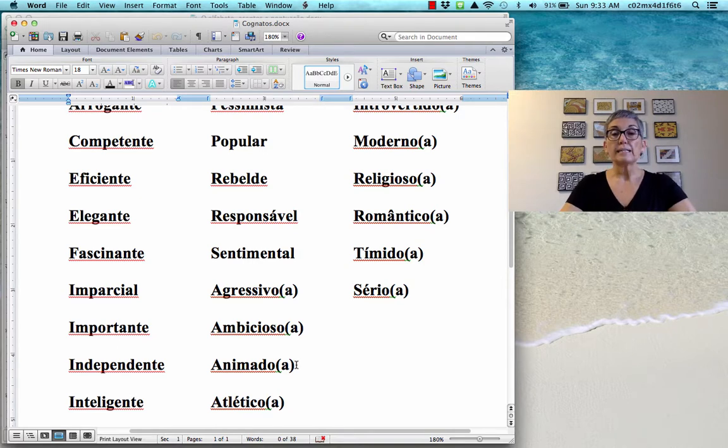So, but when you are a cheerful person, an upbeat person, this is the word that we use, okay? Então, ele é animado, ela é animada, eu sou animada. Remember that the adjective will agree with the person that is speaking. So if I am talking about the quality that I have, be it negative or positive, because I use the pronoun she for myself, I'm going to say animada, okay?